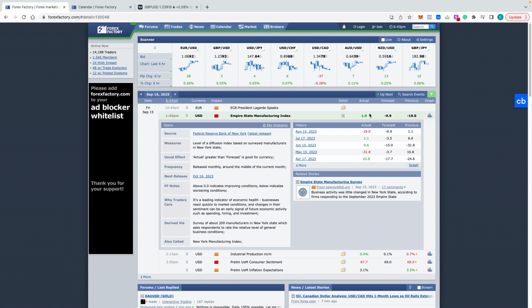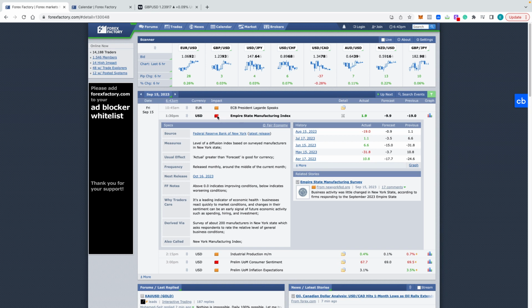So if we've got a news event that is good for USD, then GBP/USD will go down. Does that make sense? So if USD has a positive news event, then GBP USD goes down in value. Any pair against the US dollar goes down in value because USD is more powerful that day.